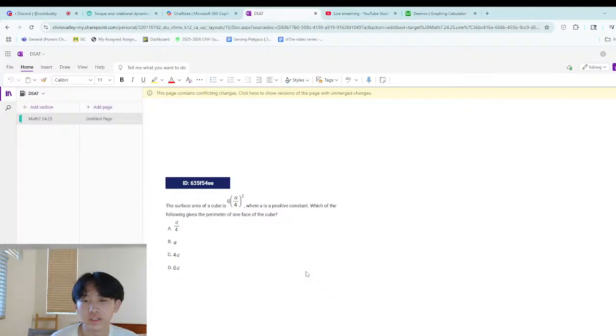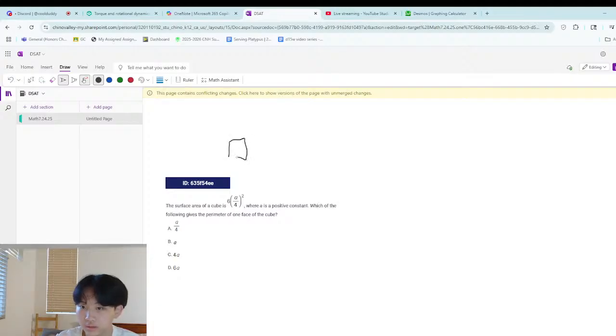So how do we find the surface area of a cube? The surface area of a cube is basically found by adding up all the areas of each side of a square. So if you can envision a little cube, I'm going to draw it on here just so y'all can see. If this is a cube, right?